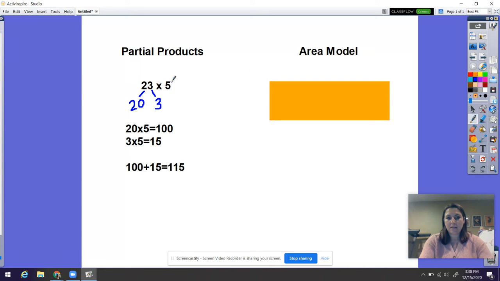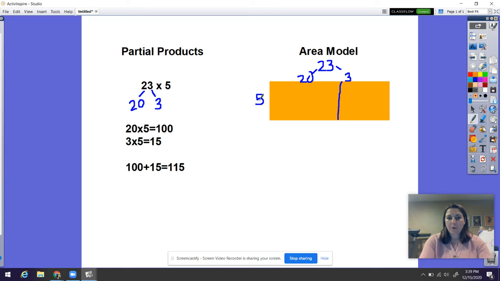So if I was doing the same problem, 23 times 5, my shorter side would be a length of 5, and my longer side would be a length of 23. And so we get the kids again to break this up into its parts, so 20 and 3, and we actually break the area model up into those parts.